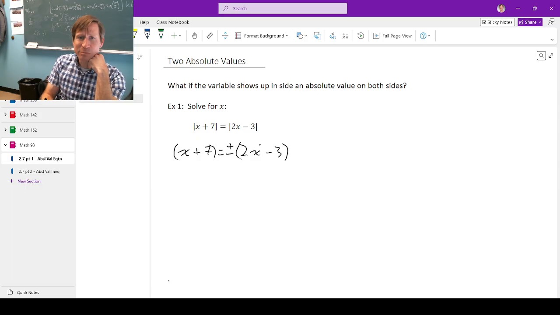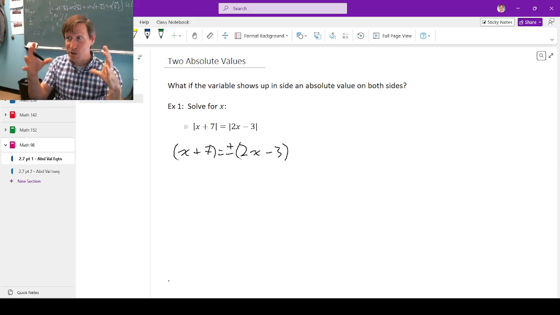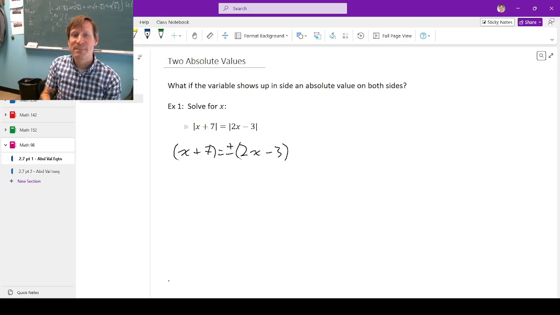That's important because the absolute value symbol also acts like a grouping symbol. So we have to acknowledge that this 2x minus 3 is grouped. Once we remove the absolute value, it's still grouped, so we have to put the parentheses in there. In particular, this minus sign in our plus or minus, we will need to distribute it eventually.